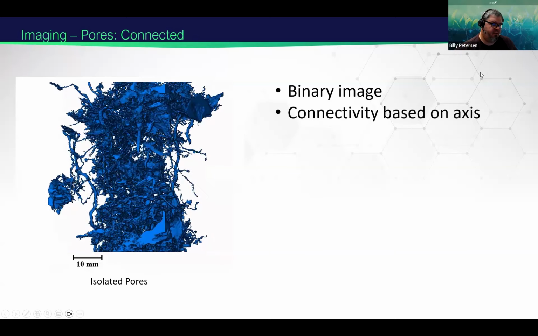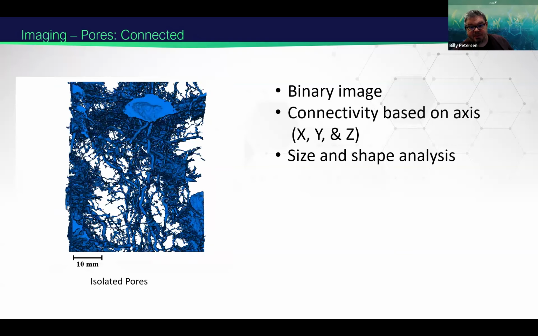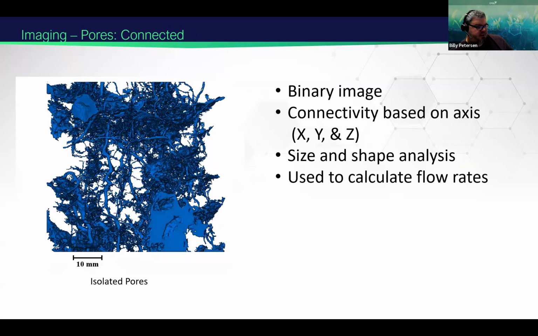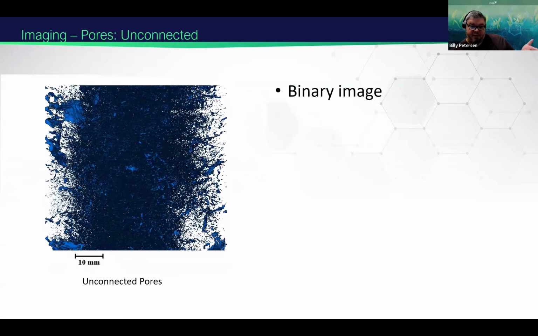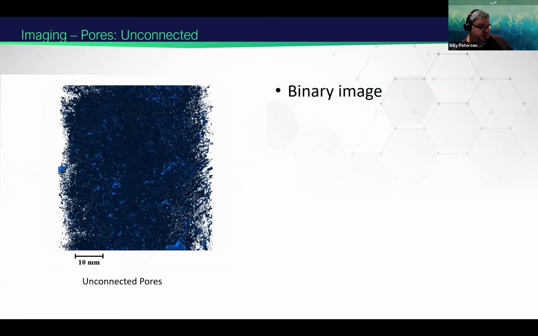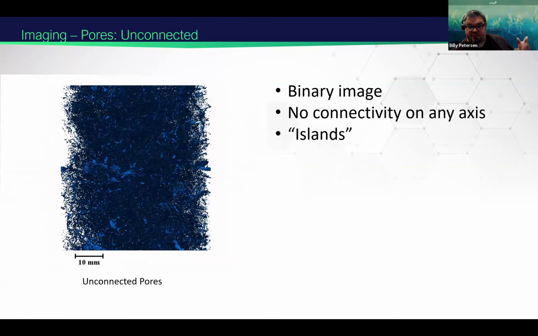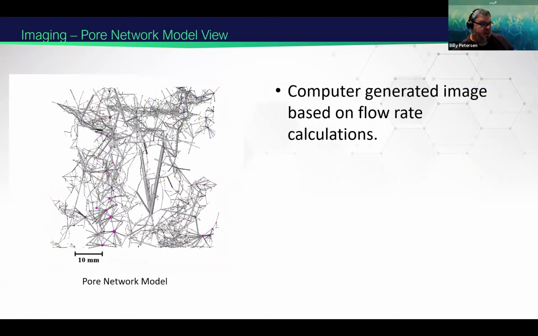Once again, we do size and shape analysis on all of these, and we also use this data to calculate flow rates. Then we have the unconnected pores, which is basically what it sounds like. There's no connectivity. I call them islands because they're just floating out there on their own. Some people call it noise.